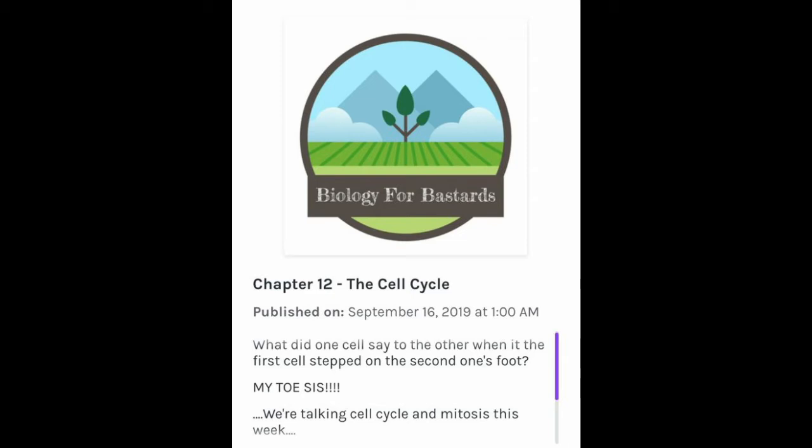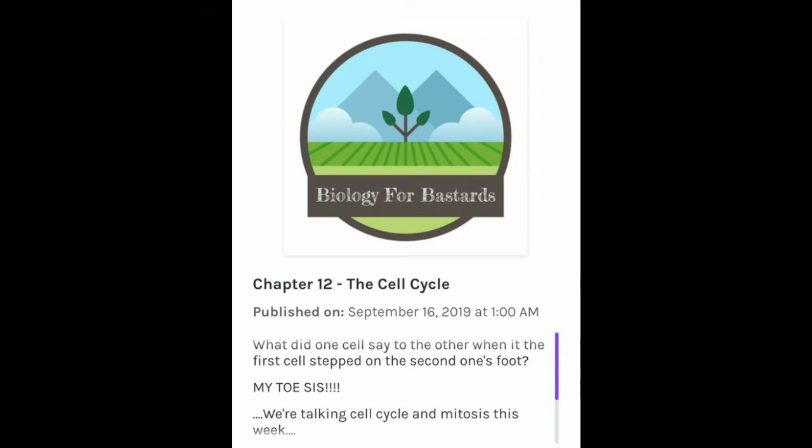What the duplicated chromosome consists of are two sister chromatids attached by a centromere. We call each half a chromatid, even though it's actually the full chromosome. It's got all the information, and the other chromatid has all the information, but after it's been duplicated, we call them sister chromatids and not chromosomes.